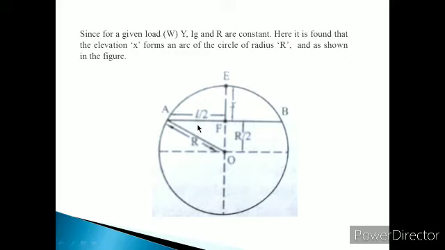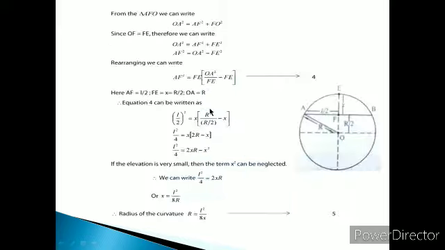Here it is found that the elevation x is of an arc of the circle of radius R, shown in the figure. This is the beam. Due to the application of the load, the beam is elevated to a distance x at E. Listen here, this is the same diagram.